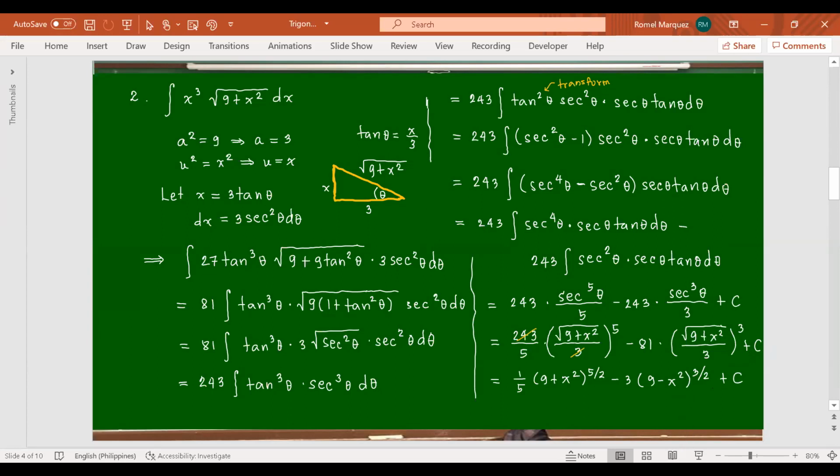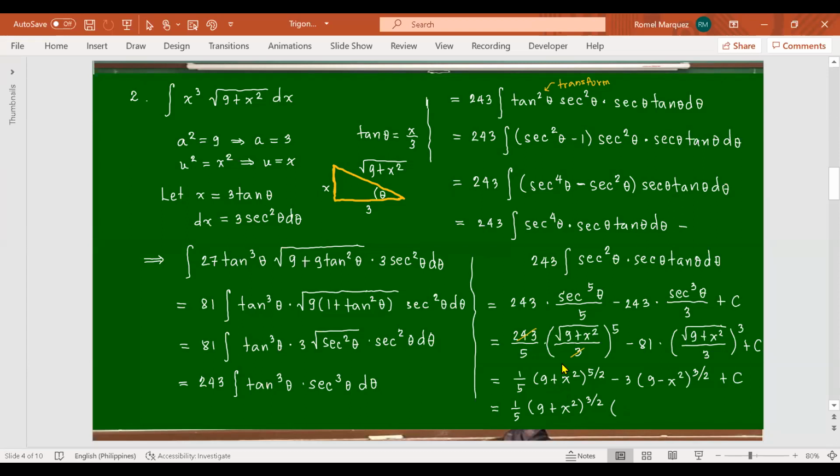Did you understand that, guys? Yes, sir. Now you can factor out 1/5. Actually this is already the answer, but we can express it in a better, factored form. We have 1/5 multiplied by 9 plus x squared raised to 3 halves. Then what remains?